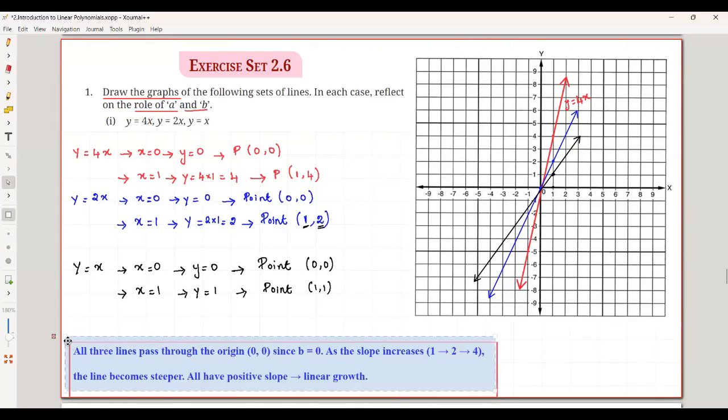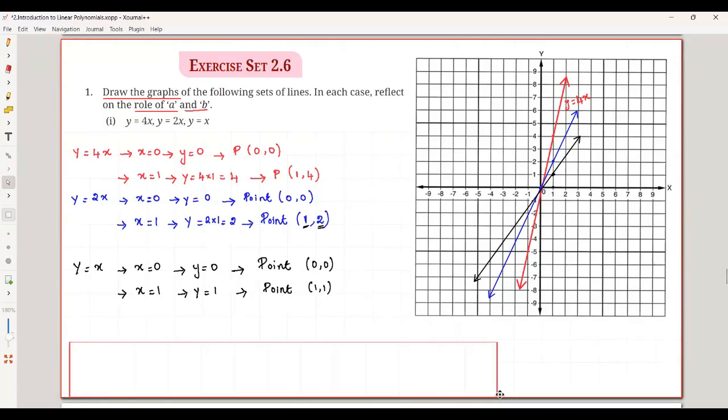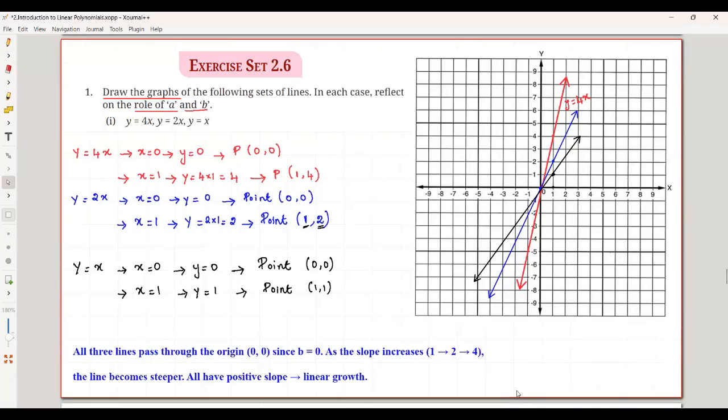So I have just taken the answer here. All the 3 lines pass through the origin since B is equal to 0. As the slope is increasing, that is A is equal to 1, 2, 4, the line becomes steeper.